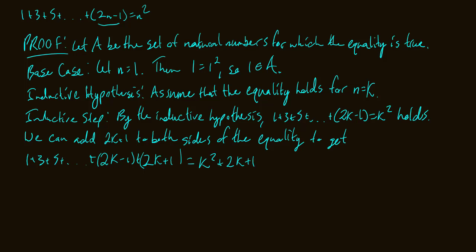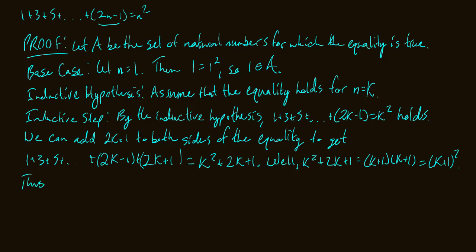And now we could say, well, k squared plus 2k plus 1 is equal to k plus 1 times k plus 1, which is equal to k plus 1 squared.